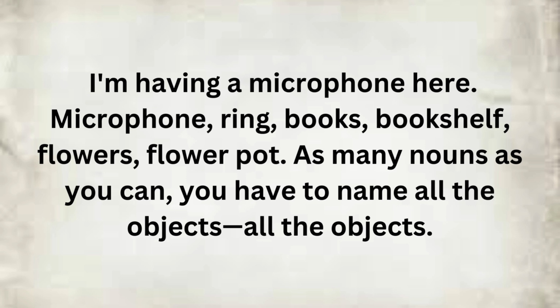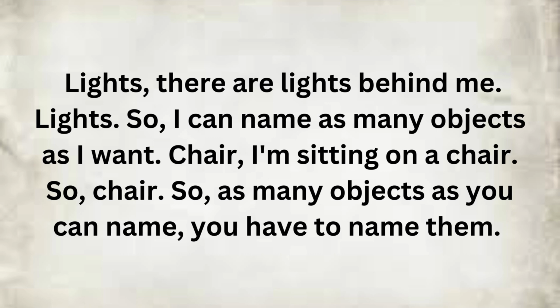As many nouns as you can. You have to name all the objects. Lights, there are lights behind me. So, I can name as many objects as I want. Chair. I'm sitting on a chair. As many objects as you can name, you have to name them.